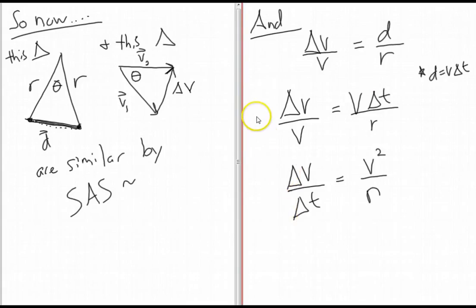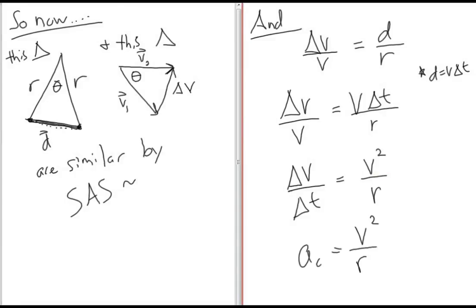At the same time, we're going to multiply both sides by v, canceling out this v. Now we have another v over here, so we have v squared in the numerator over r. I'm going to fix that r, make it look more r-like. And finally, delta v over delta t, we've already discussed that's the definition of acceleration, is change in velocity over change in time. And looks like we've arrived.